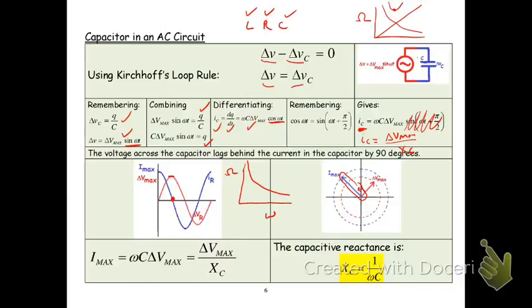The frequency that causes that is my tuning frequency. When I turn the knob on the radio, that's what I'm adjusting. And notice, it's not that you have no resistance in your inductor and no resistance in your capacitor at that time. It's just that you've got a minimum in your circuit at that time.